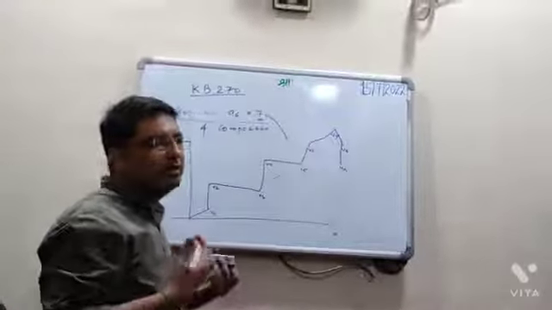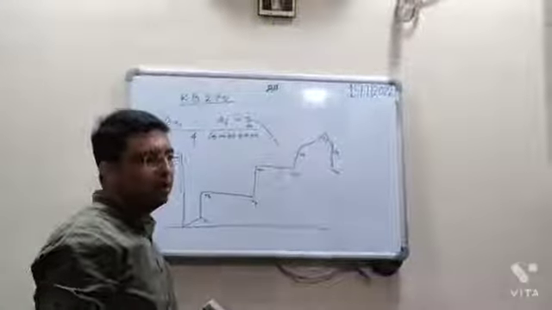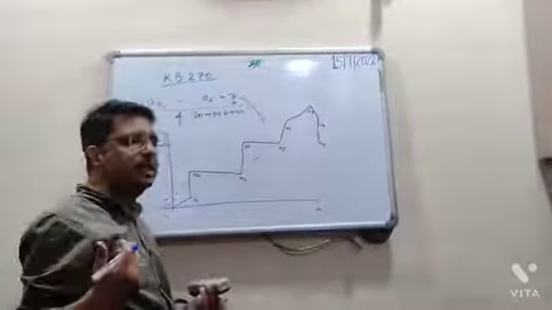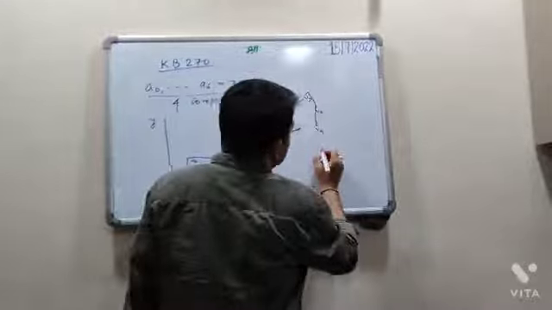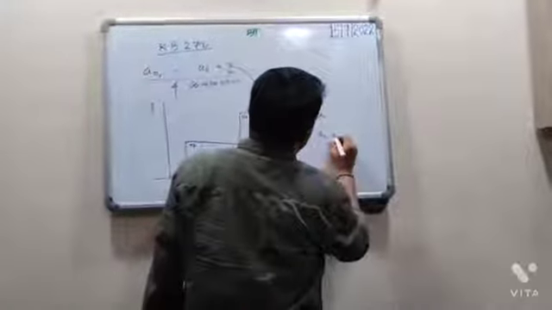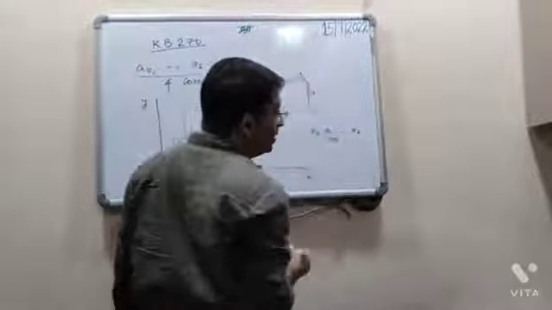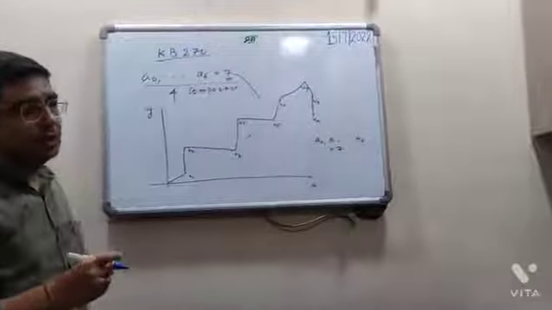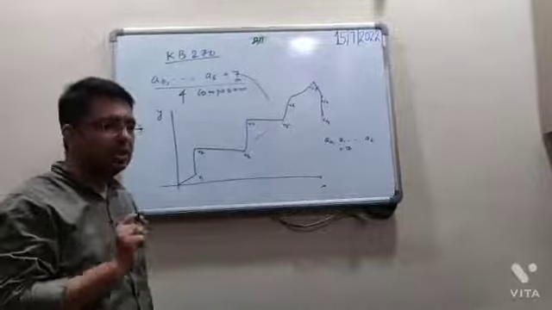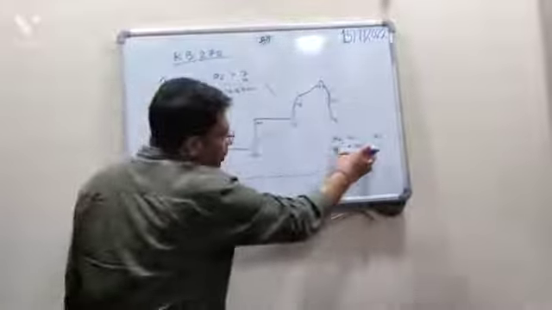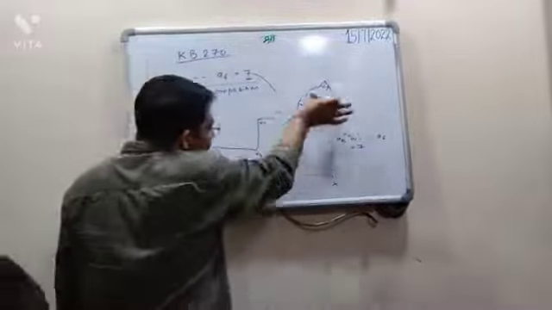That is not in our hand. It is already fixed in the instrument that they will use A0, A1 up to A6. That means a total of 7 coefficients they will use.